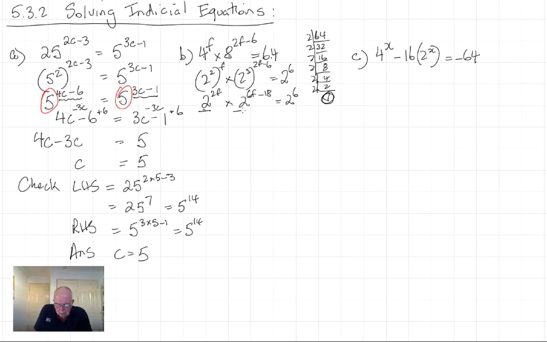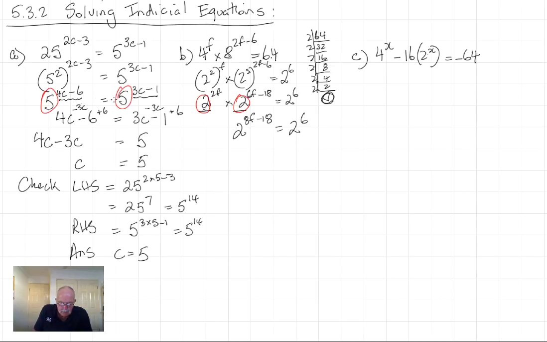Now, because we're multiplying like bases, let's do it in red to show we've got 2 there, 2 there. So because we're multiplying, we can add the indexes. So we get 2 to the power of, now 2f plus 6f is 8f minus 18 equals 2 to the power of 6.